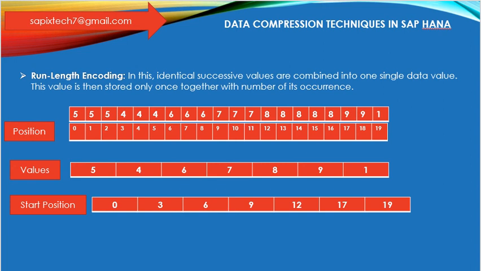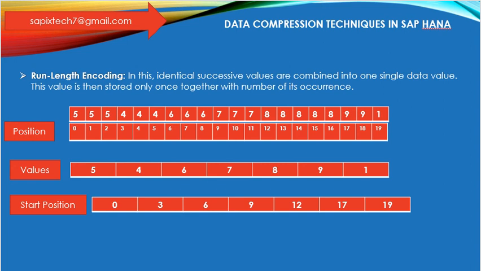Sparse encoding, if very frequent values are occurring at several positions, then the database selects sparse encoding. Same way cluster encoding.